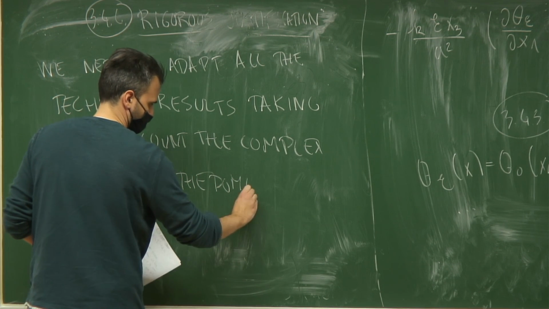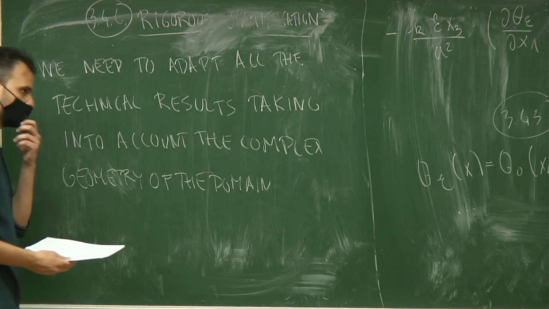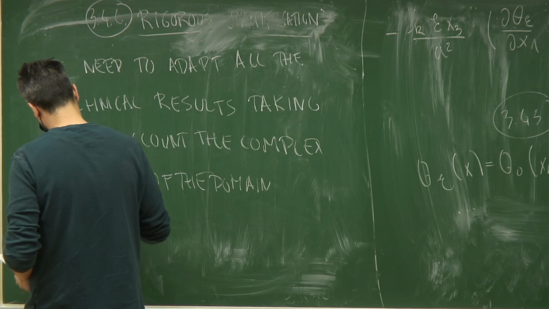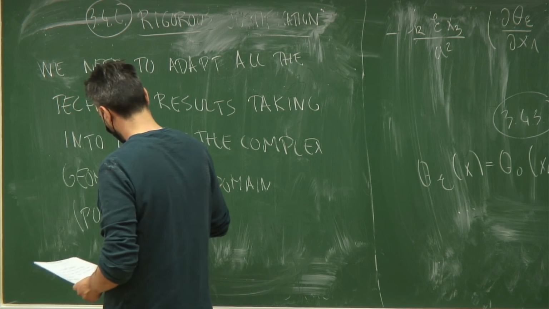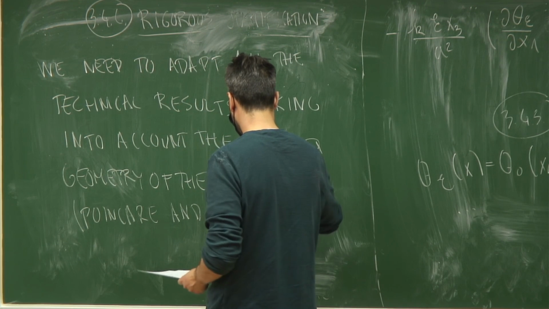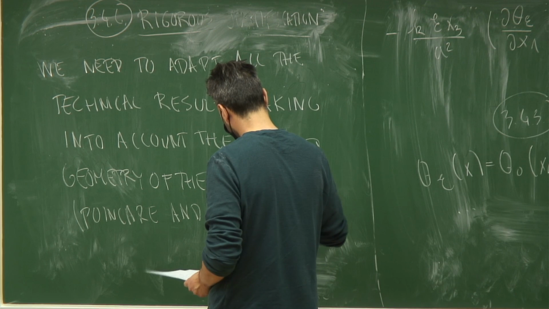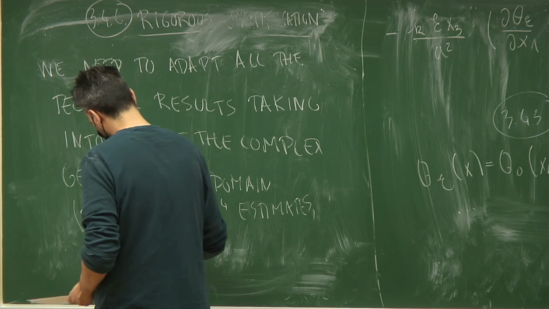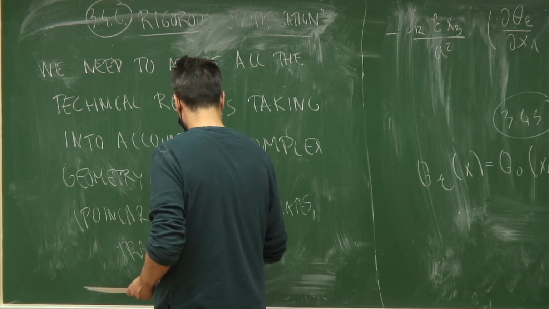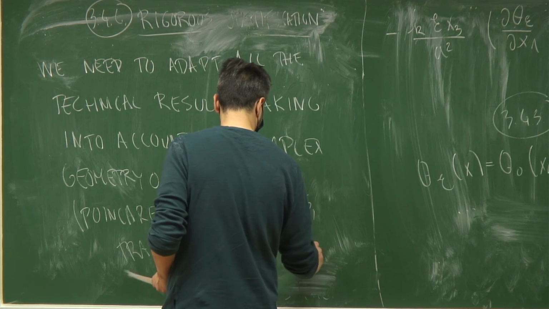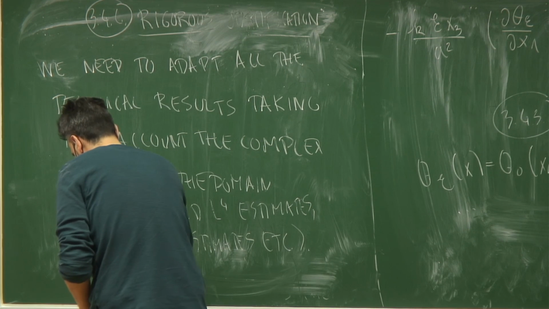So the results are maybe a bit more technical, but basically the idea is regarding what we have gone through thus far, basically the same. So you have here Poincaré, and of course you need to have L4 estimates for the nonlinear term. Trace estimates, etc. Okay, so the rest basically is more or less standard.